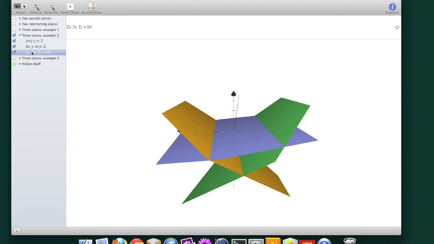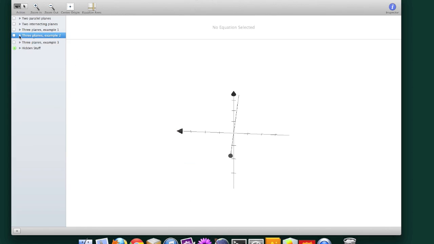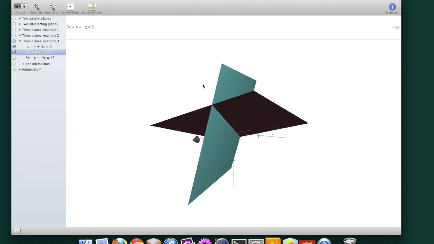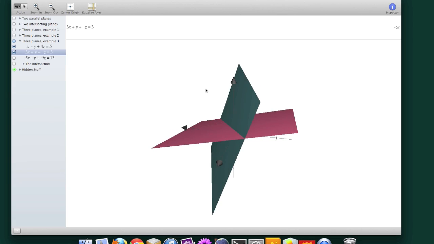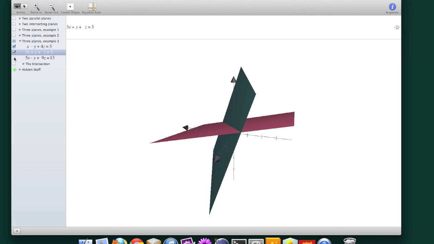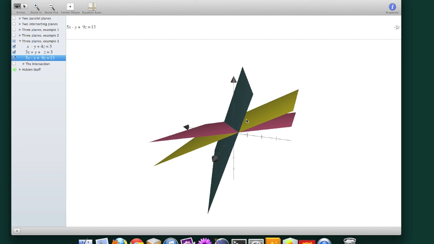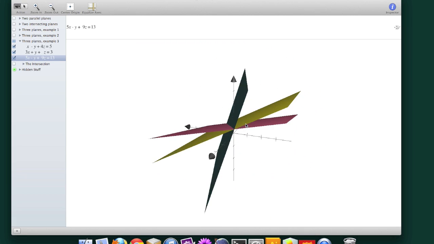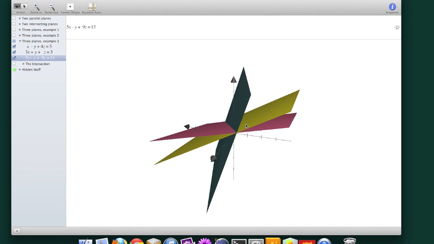All right, now let's look at our final example. So here we have two planes that do intersect. I've got a pink and a blue. And then we've got yellow. And notice that, oops, let's look at this from the end.